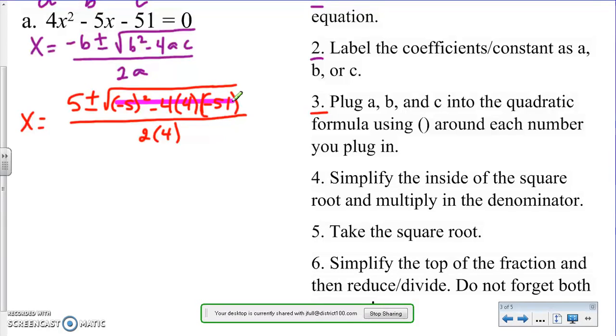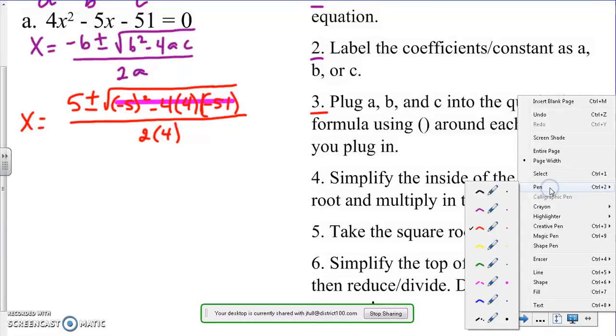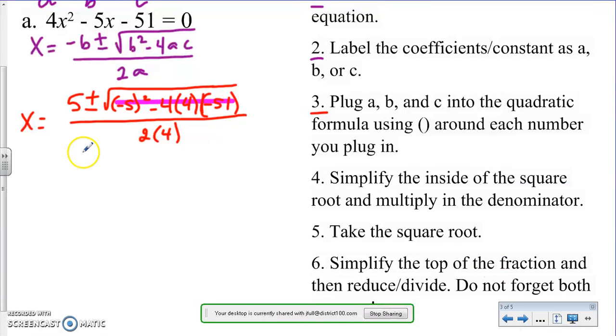When I hit enter, I get 841. So we have 5 plus or minus the square root of 841 all over, and then 2 times 4 on the bottom is 8.